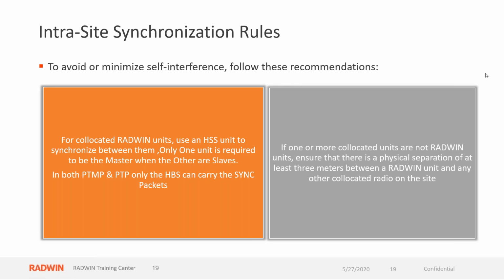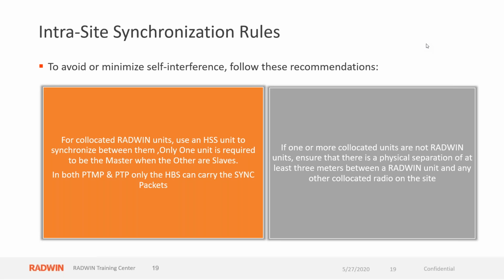If one or more collocated units are not RADWIN, ensure that there is a physical separation of at least 3 meters between the RADWIN unit and any other collocated unit on the same site. So, if it is RADWIN, one unit becomes the master. If it is not RADWIN, we cannot synchronize with Cambium, we cannot synchronize with Ubiquiti.